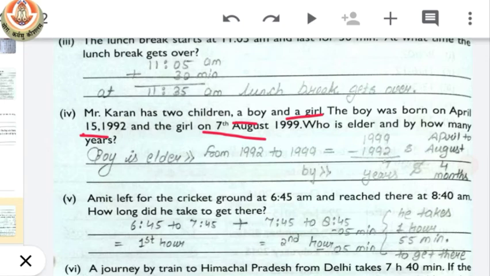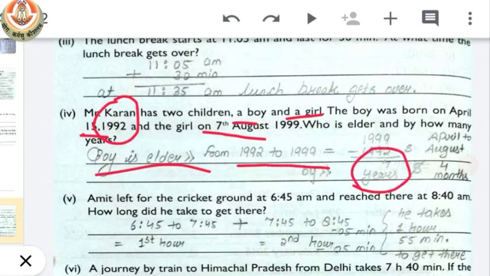We can easily see that the boy was born earlier, so the boy is elder. And by how much? When we see the difference between years, we get a 7 year difference, and from April to August we have a 4-month difference. So they have a 7-year and 4-month difference between them.